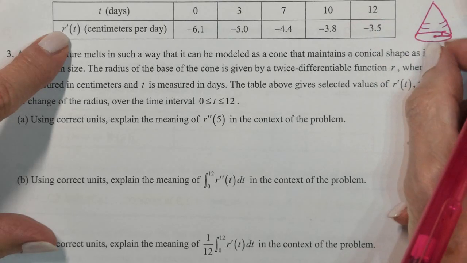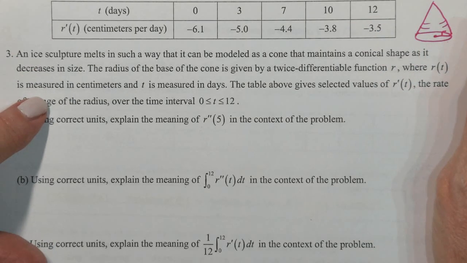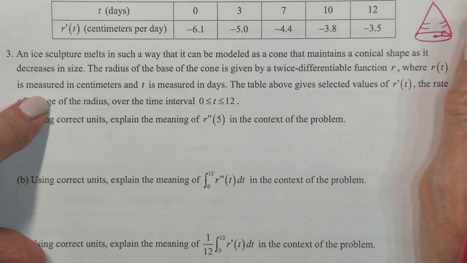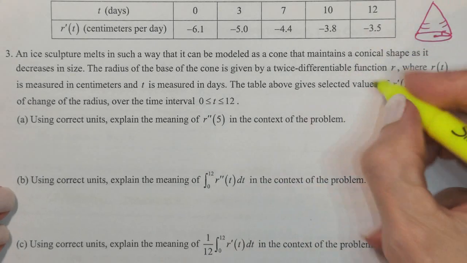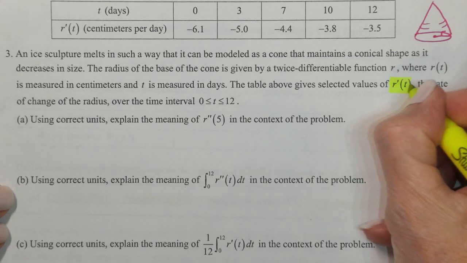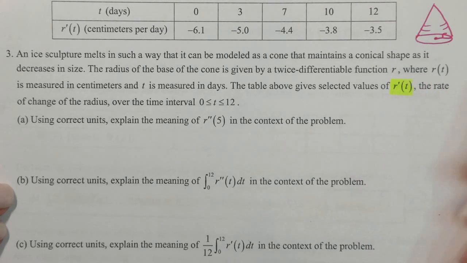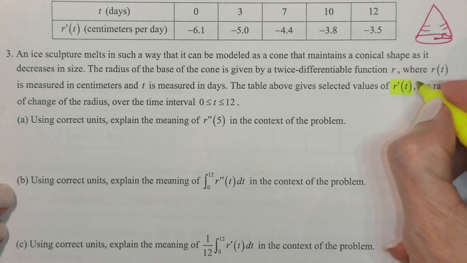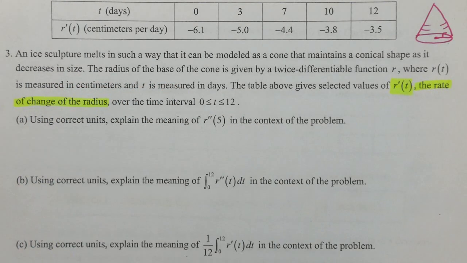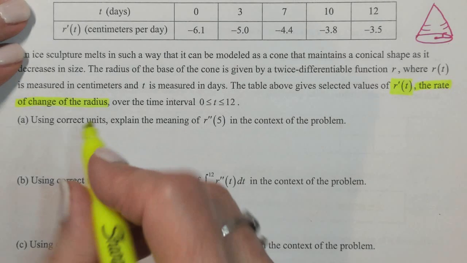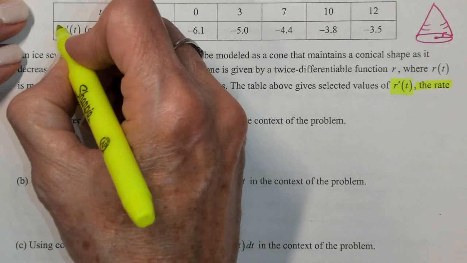So as it melts, r is getting smaller, where r of t is measured in centimeters and t is measured in days. The table gives selected values not of r, but of r prime. R prime is the rate of change of the radius. Okay? So this is a little bit different because we don't have r in the table, we have r prime in the table.